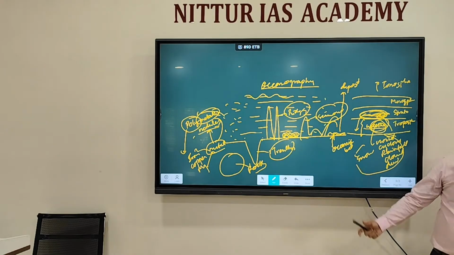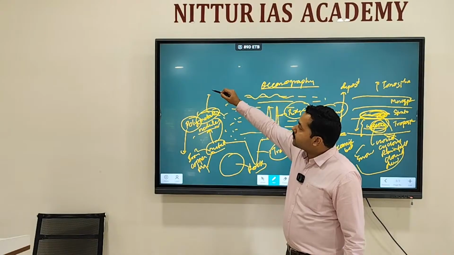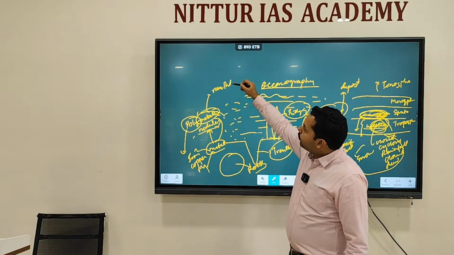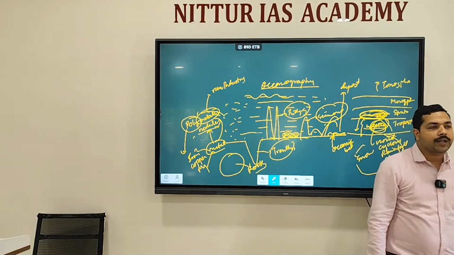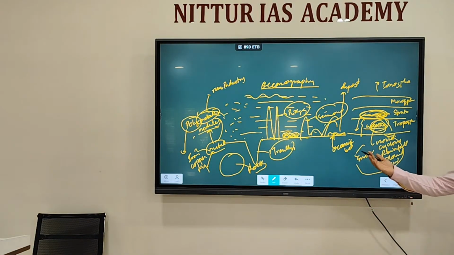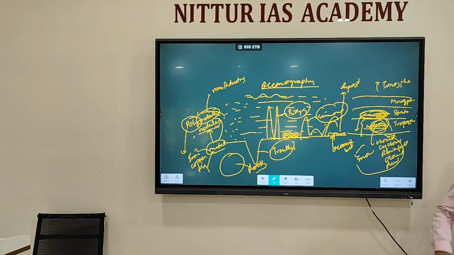So if you want to run any industry, especially manufacturing, what is required? The iron industry requires iron, the copper industry requires copper. If India has more of this iron and copper, then what will happen? More production. More production means more job generation, more employment, more export.